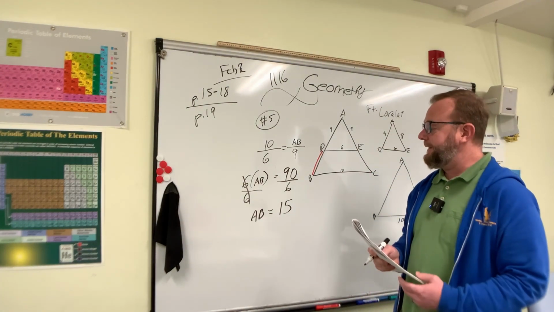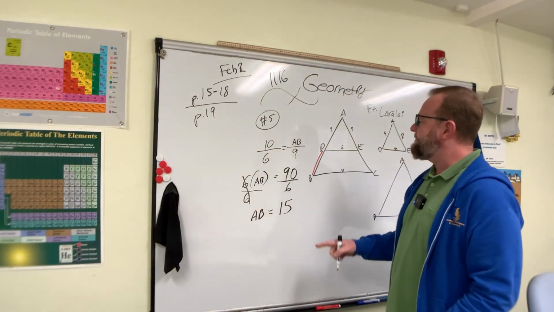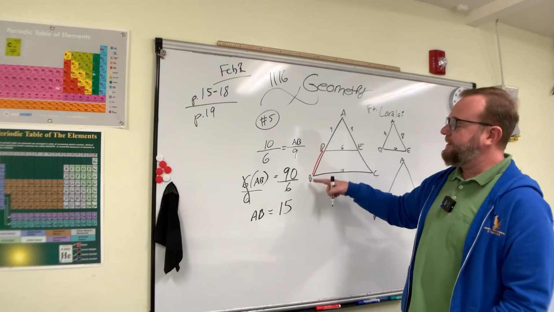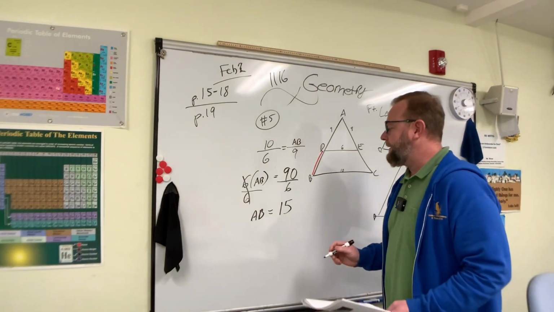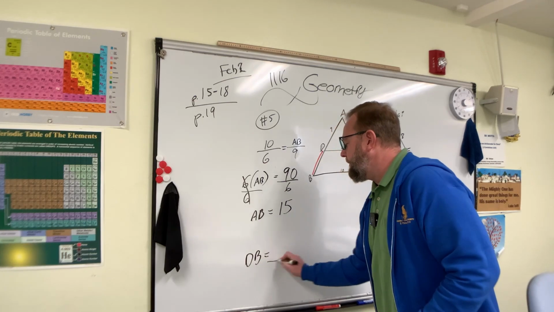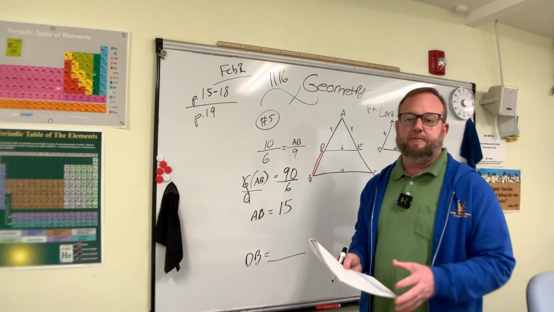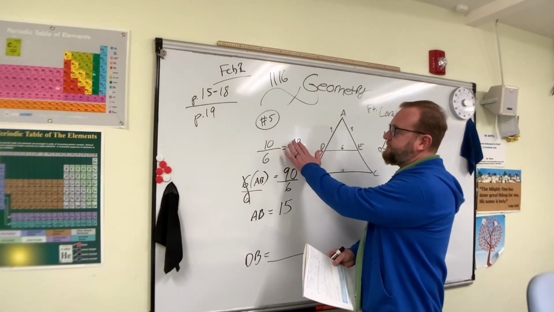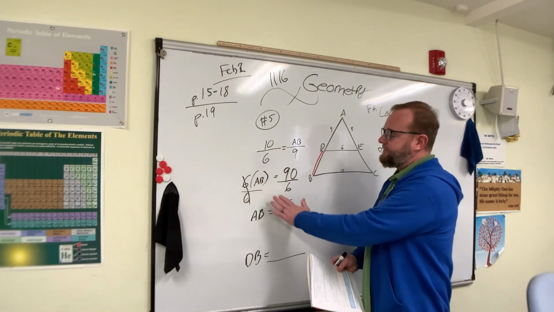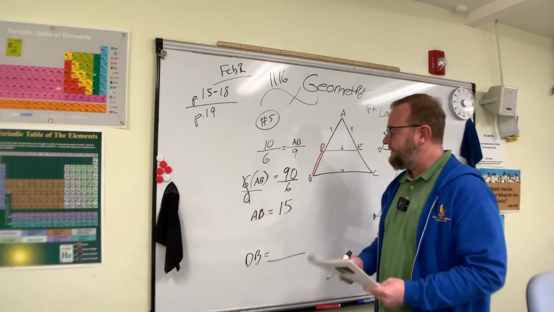Is that what goes in the blank? No, it's AB. We're supposed to find BD or DB. Subtracted by 9. So I'm supposed to find DB. Now this is where the danger, if you want to call it that, if you just put X here, you might have solved for X and thought, hey, I'm done, and write that in the blank, but it's actually not your answer.